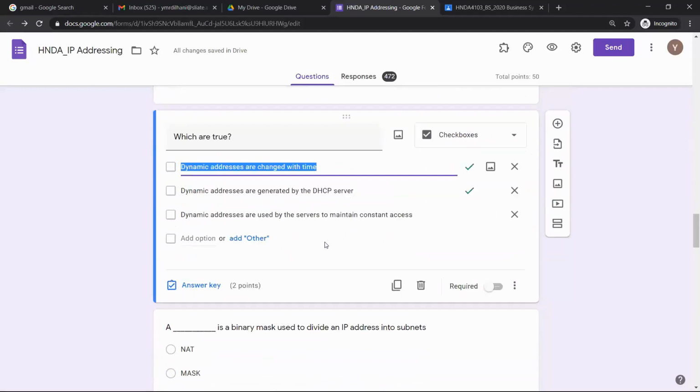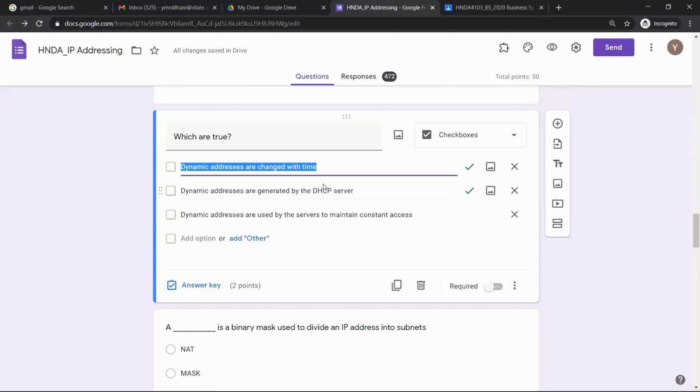And next one again, which are true. Dynamic addresses are changed with time. Dynamic addresses are generated by DHCP server. Dynamic addresses are used by the servers to maintain constant access. When we were discussing the first set of questions, I told you, when you want to access the internet on any network, you will have to have an IP address.